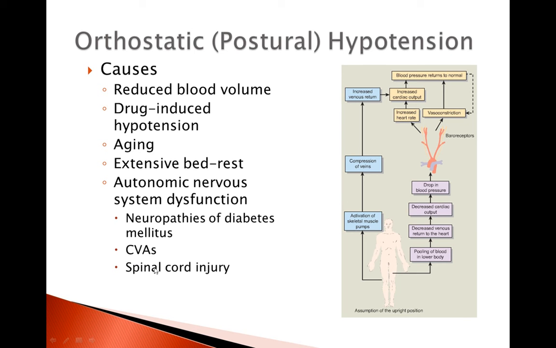CVAs are another possible cause of orthostatic hypotension. CVAs refer to cerebral vascular accidents.